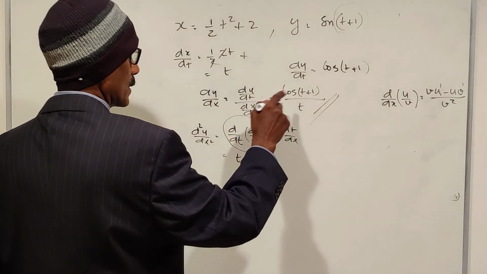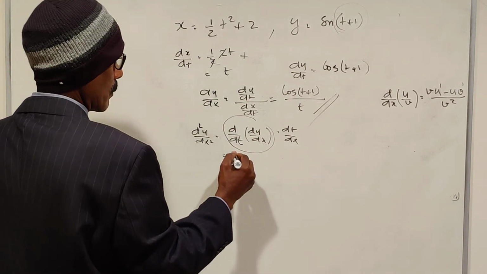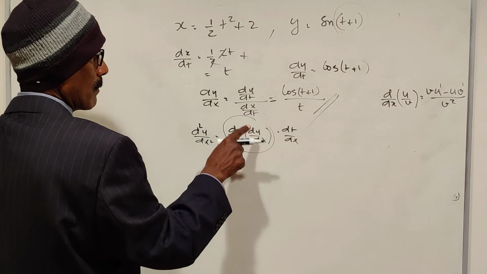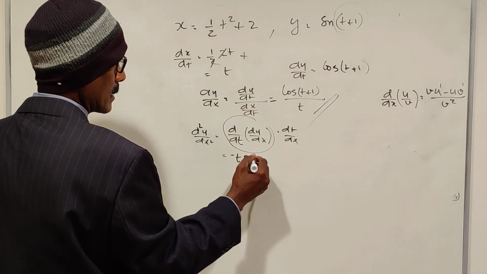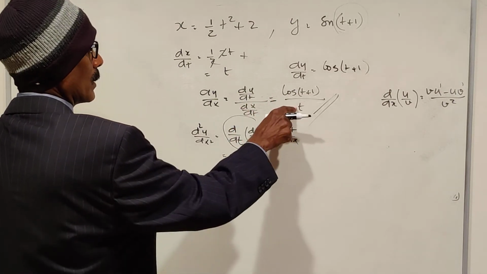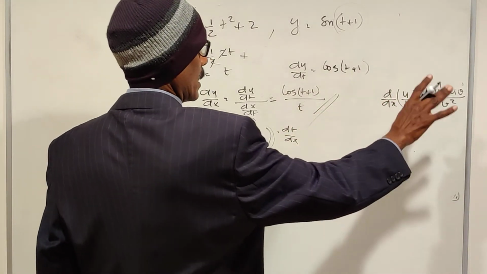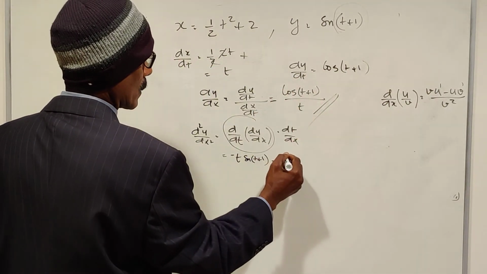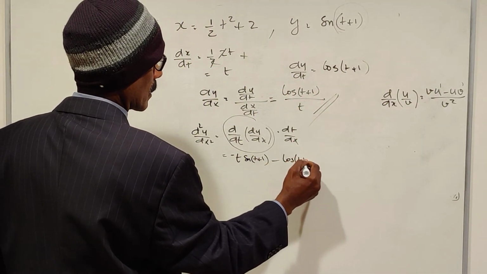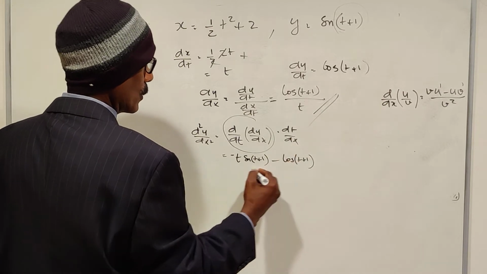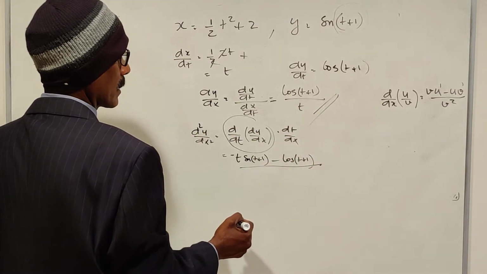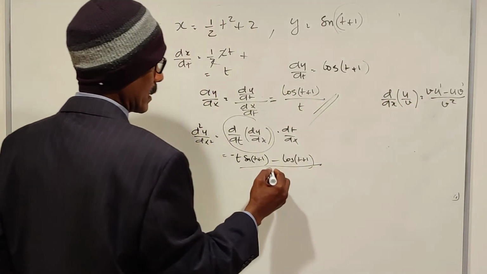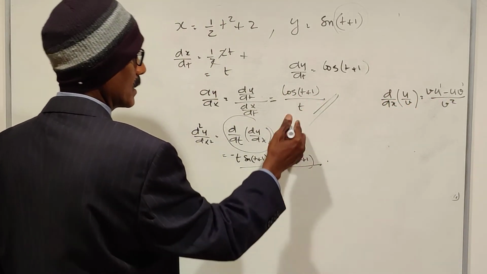The derivative of cos of (t plus 1) is minus sine of (t plus 1). V into derivative of u, finished, minus u into derivative of v. U is cos of (t plus 1). The derivative of t is 1, you don't need to write that, divided by v square, t square. Okay, times dt by dx.